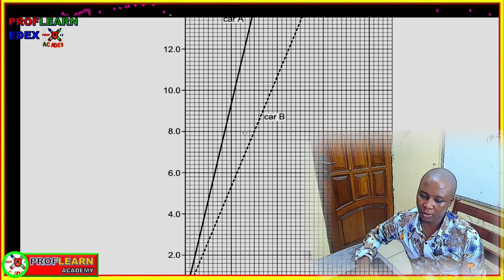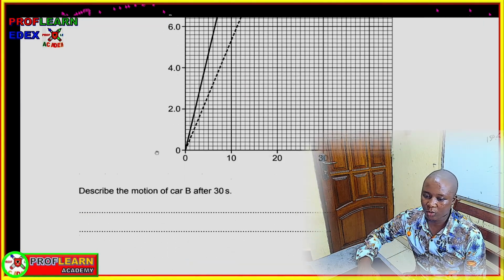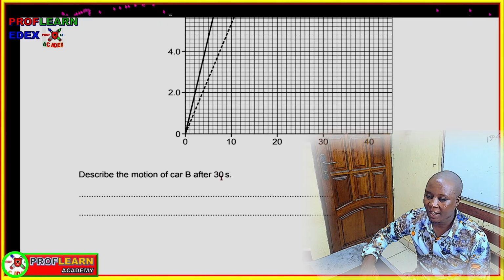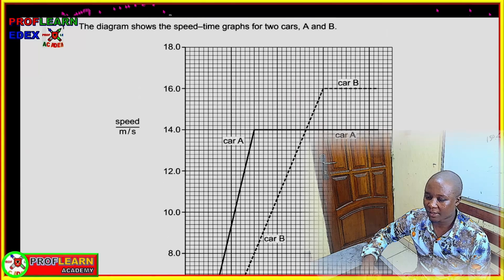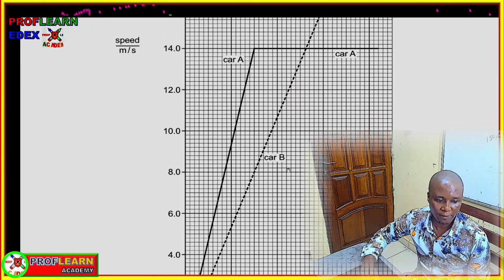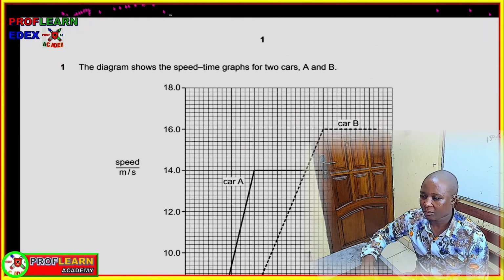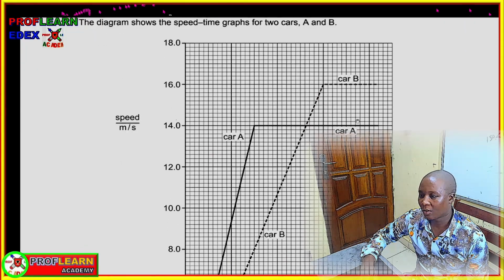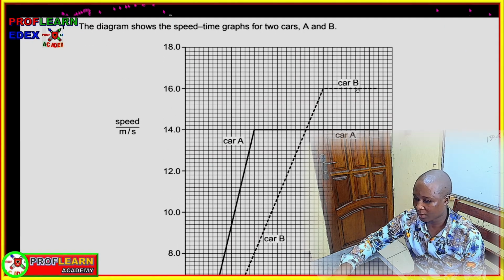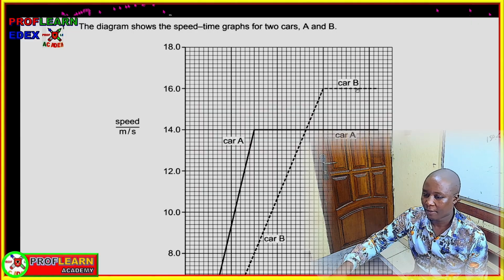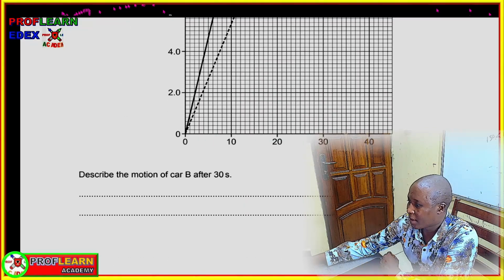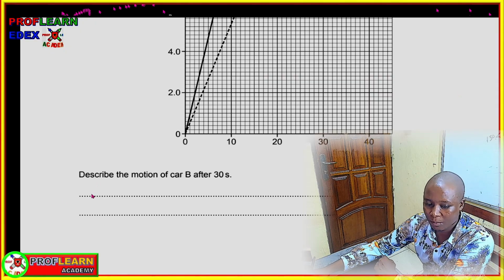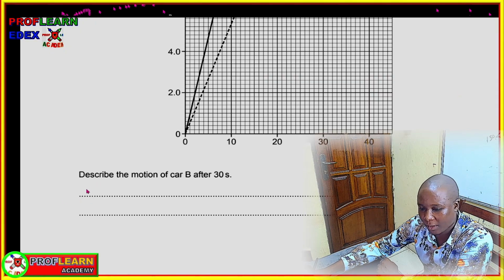In order to respond to this first question, you have to describe the motion of B after 30 seconds. Initially, B was moving at constant acceleration, a straight line. But after 30 seconds, speed becomes constant. So we can say, after 30 seconds, this object is moving at a constant speed.